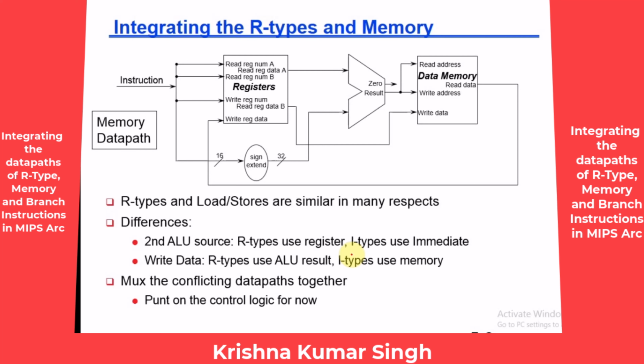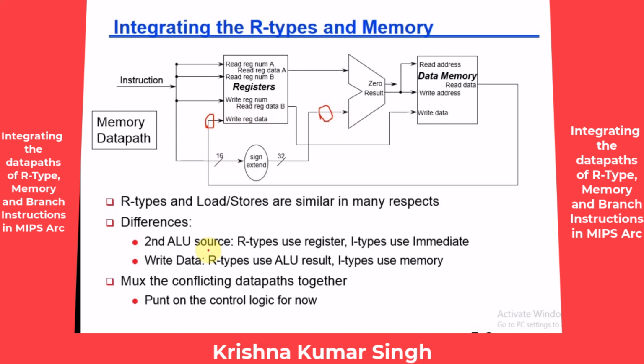Also the write register value should come from the ALU or from the memory. So we have two options here for the second input of the ALU and here for the write register value. For R-type instructions, it is coming from the ALU, and for load word it will come from the memory.